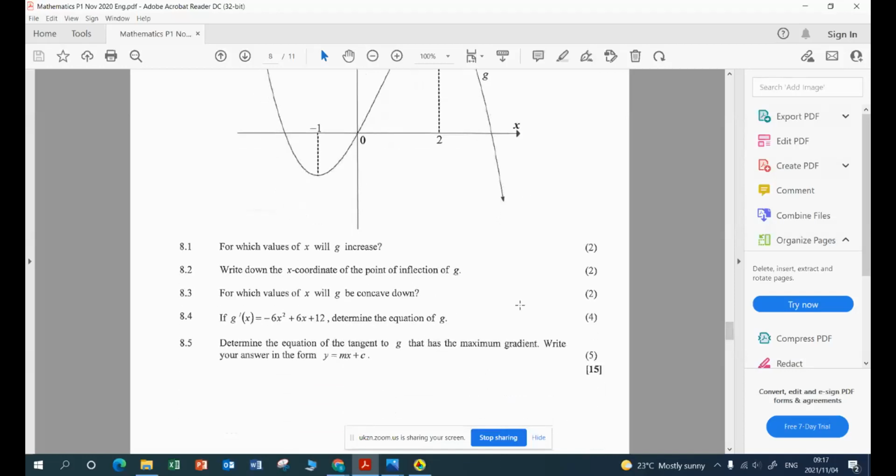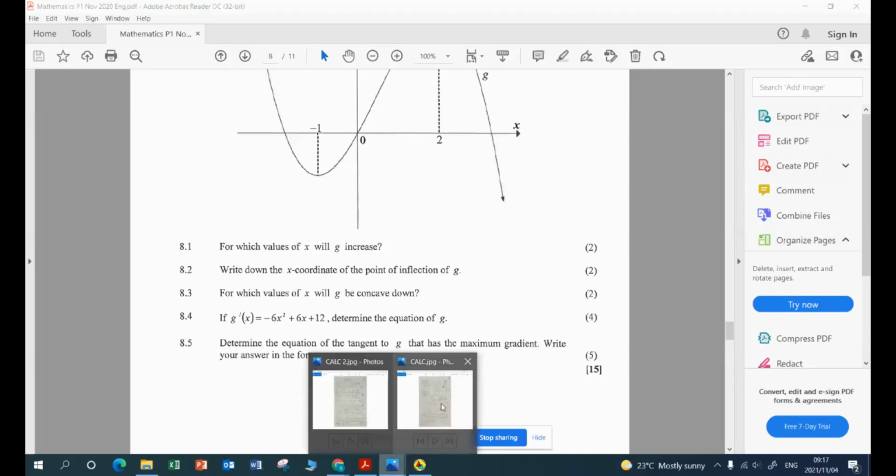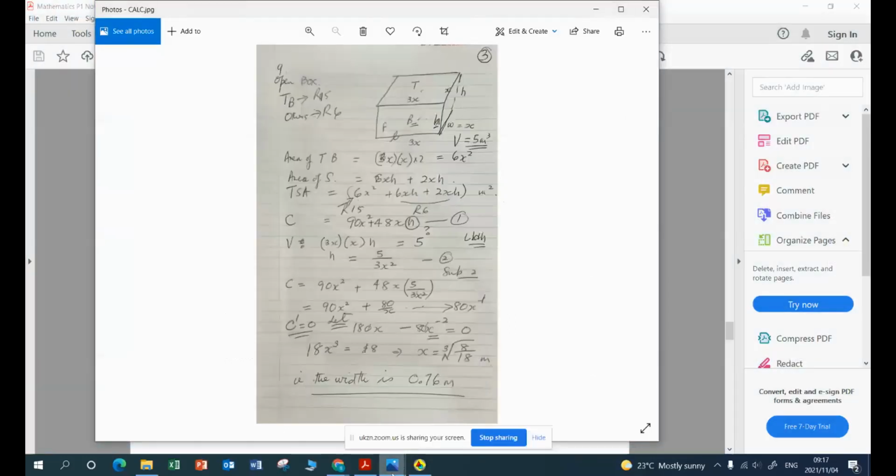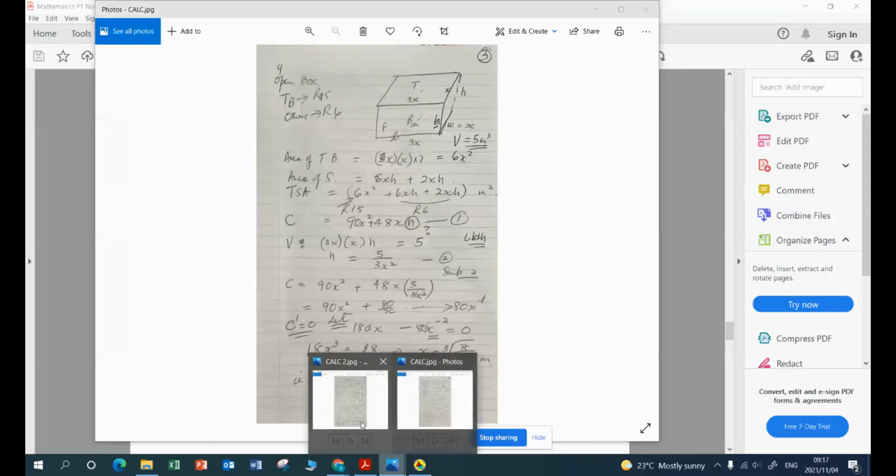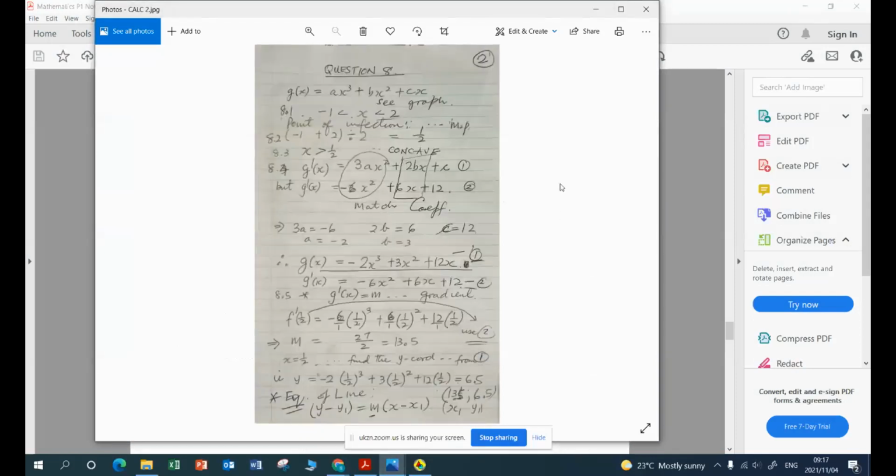Now, question 8.4: given g prime of x equal to -6x squared plus 6x plus 12, determine the equation of g. Now, this is the derivative, so obviously the original equation would have been a cubic equation. Right.